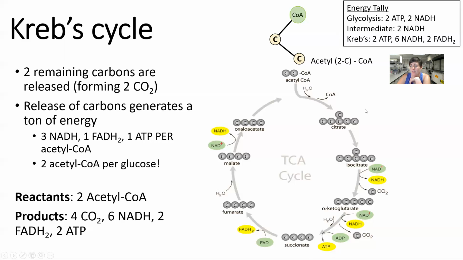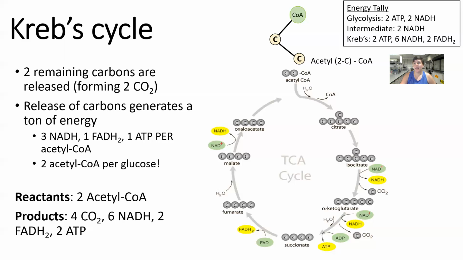But remember, you have 2 acetyl-CoAs because you start with 6-carbon glucose, generate 2 pyruvate, generate 2 acetyl-CoA, and so you have 2 acetyl-CoA that enter the Krebs cycle. That means if every 1 acetyl-CoA generates 3 NADH, 1 FADH2, and 1 ATP, then this entire process, because we have 2 acetyl coenzyme A's, we're going to end up with 6 NADH, 2 FADH2, and 2 ATP generated via substrate level phosphorylation.